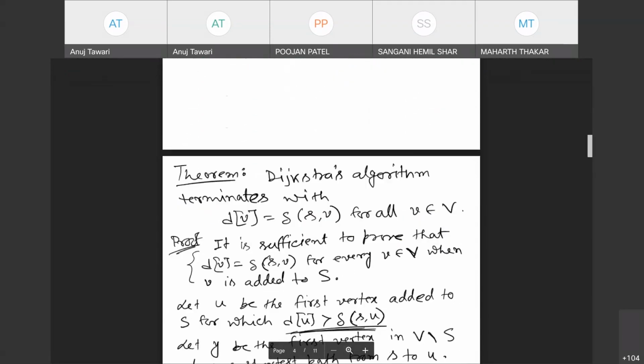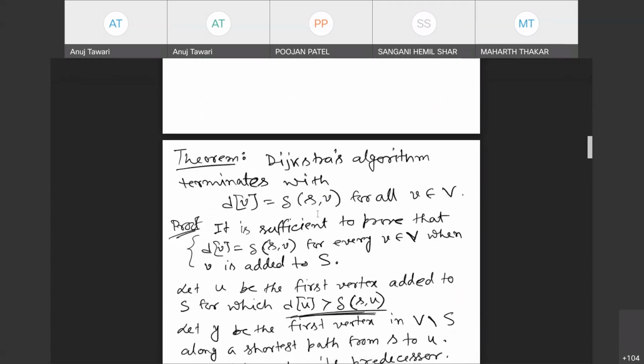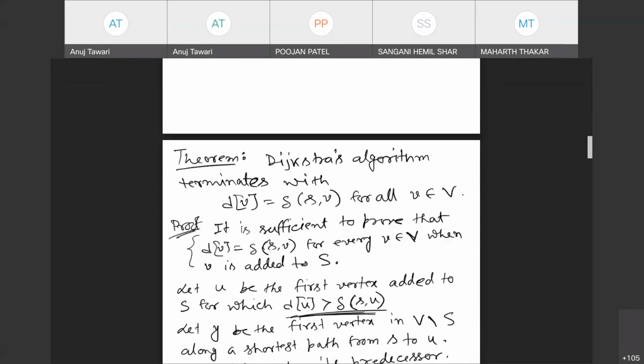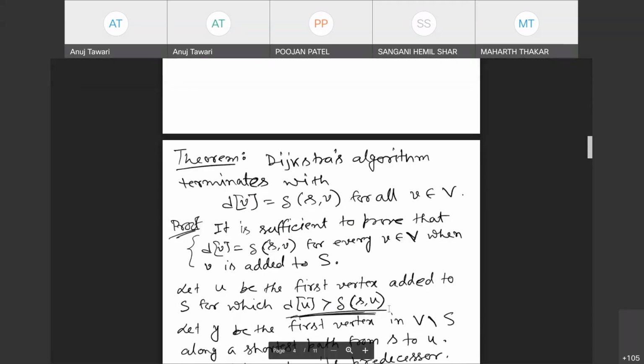So finally, we would like to say that Dijkstra's algorithm always terminates with dV equal to delta SV. So it's just sufficient to prove that dV equals delta SV for every V when V is added to S. Again, we go via contradiction, which is that let U be the first vertex added to S for which du is greater than delta SU.